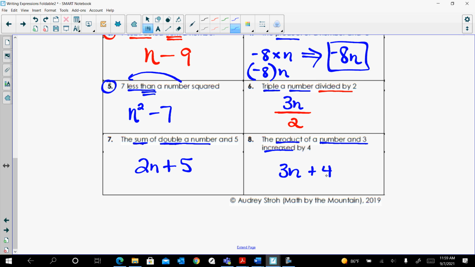So you should have 3n plus 4. Check your understanding. Should be 3n plus 4. So that's just an expression. That's just showing operations with variables.